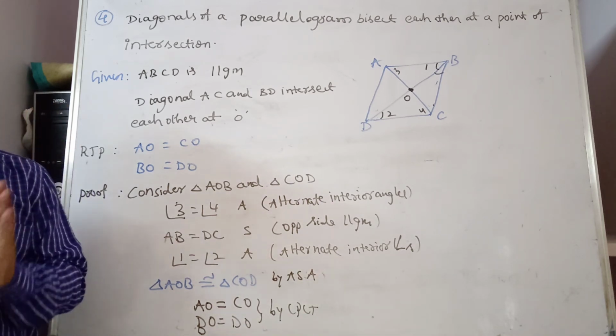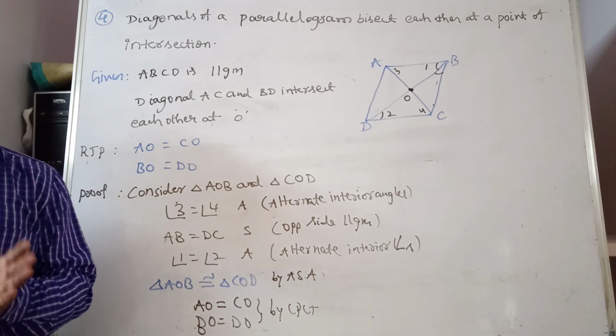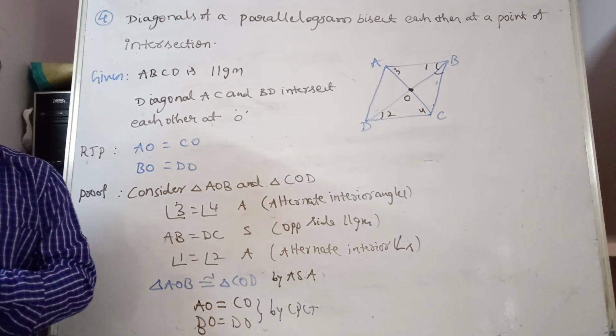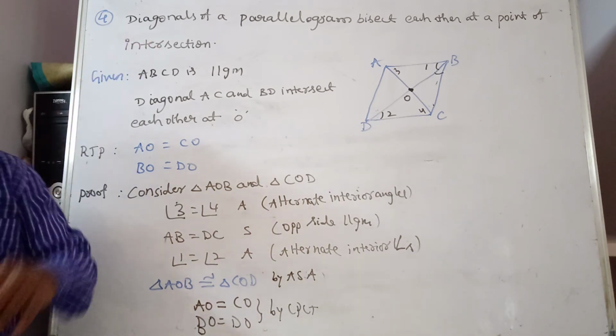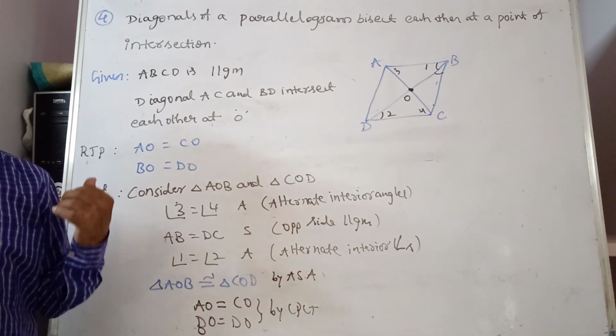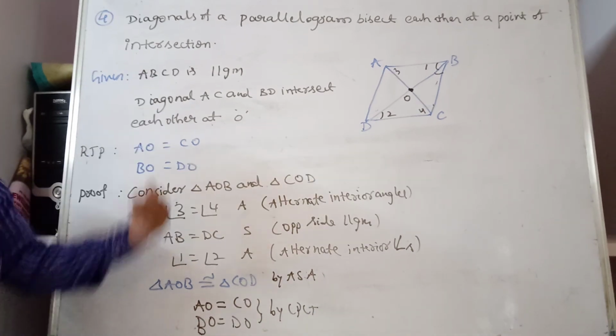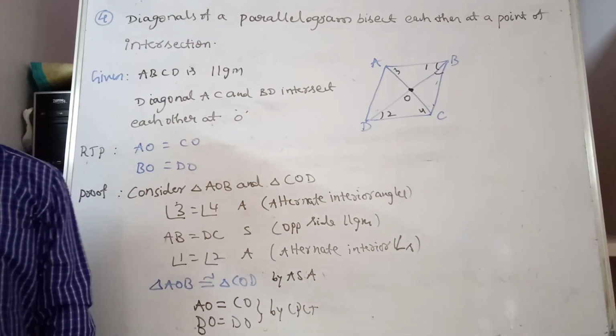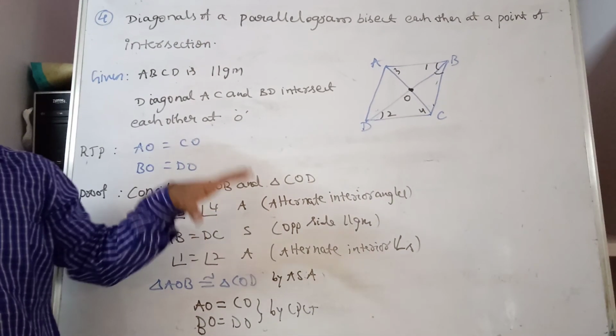Property 3: adjacent angles of a parallelogram are supplementary. Supplementary means they add up to 180 degrees. Fourth property: diagonals of a parallelogram bisect each other at the point of intersection. This is about the parallelogram. I hope you understood the properties of parallelograms.